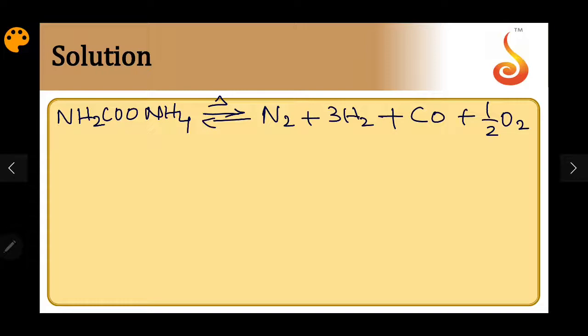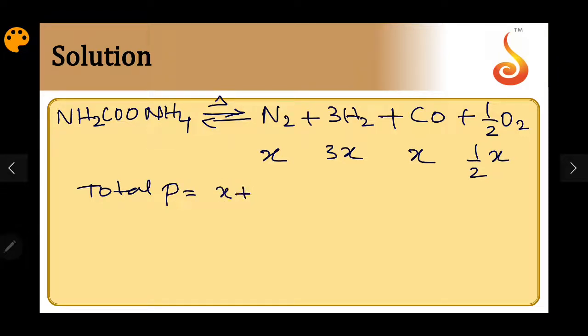Let us say a small amount of the solid has decomposed to give the pressures as, if I say this as x, then this has to be 3x, this has to be again x, and this has to be half x. So total pressure is what? x plus 3x plus x plus x by 2. So this will come out to be 1 plus 3 plus 1, 5 and a half, or I can say 11 by 2 x.